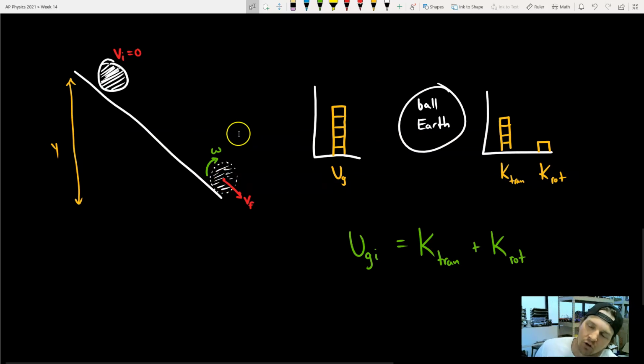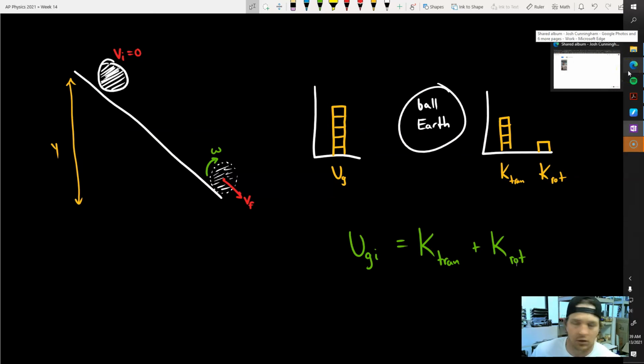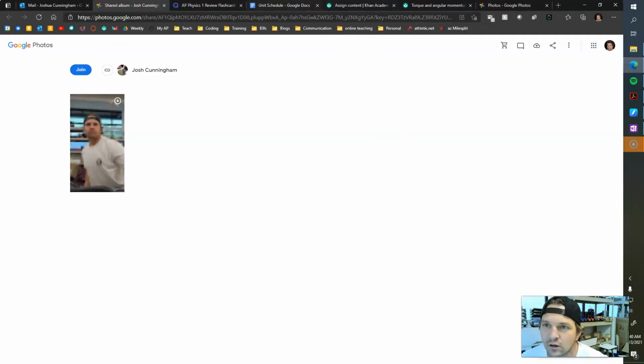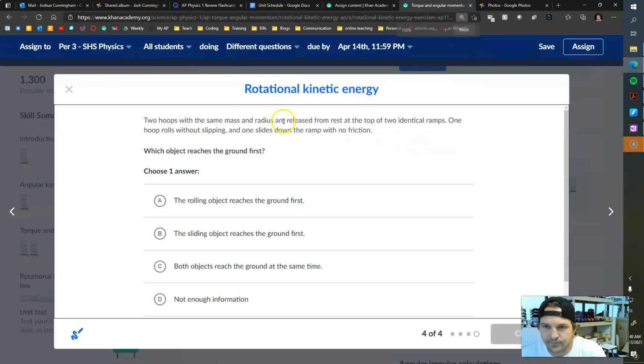Okay, so let's take a look at some problems. Two hoops with the same mass and radius are released from rest at the top of two identical ramps. One hoop rolls without slipping, one slides down the ramp.